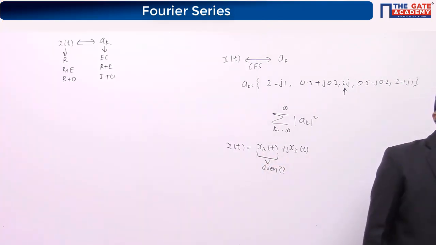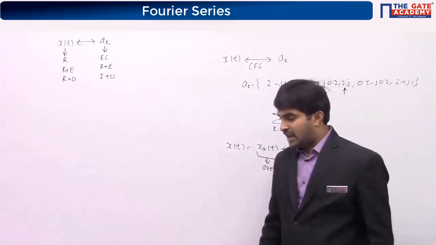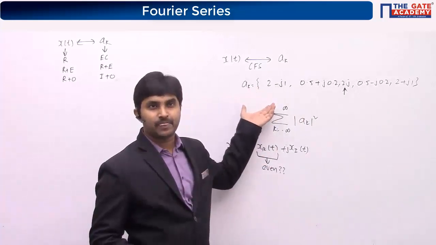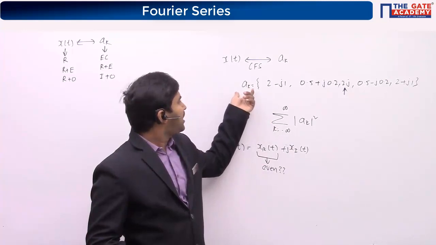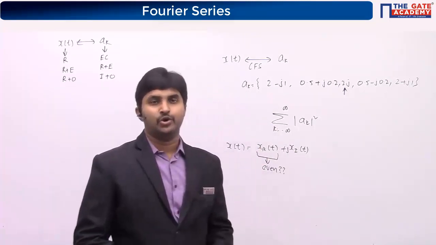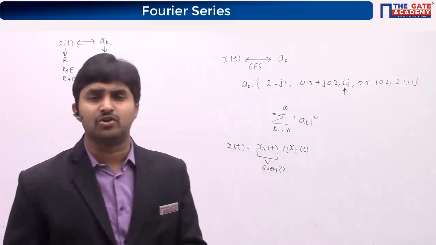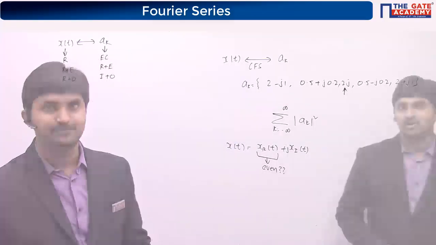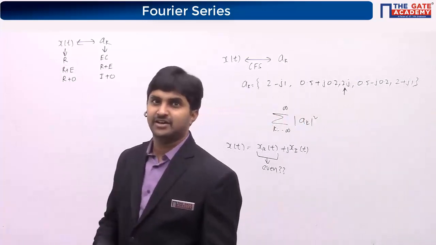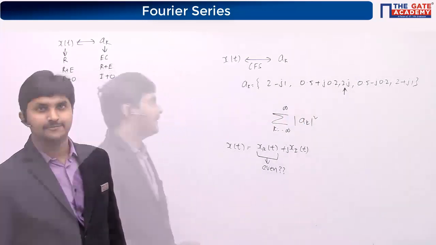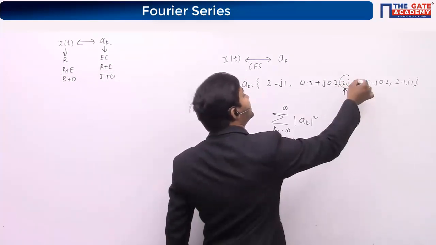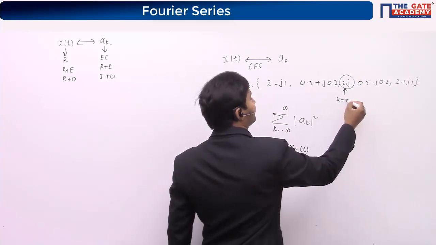So now let us have a quick look at the AK which is given. Does AK satisfy the even conjugate property? What is the problem? Why is it not satisfying it? Because of the presence of the imaginary component at k equal to 0.